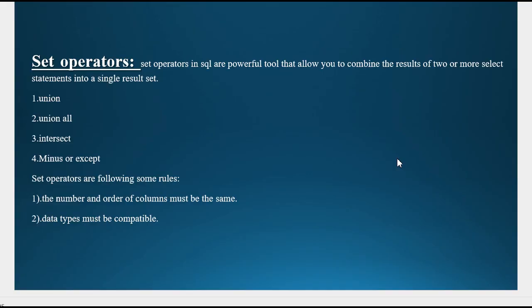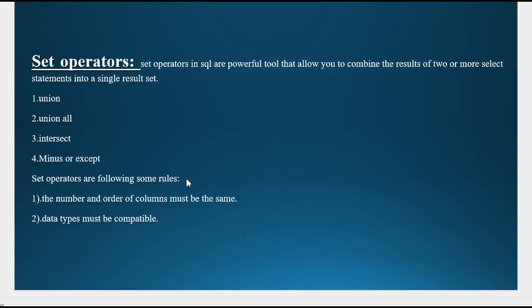Similar uses appear in hospital, telecom, travel booking, inventory and HR systems. So if you want to combine the result from multiple queries into a single result set, we use these set operators.